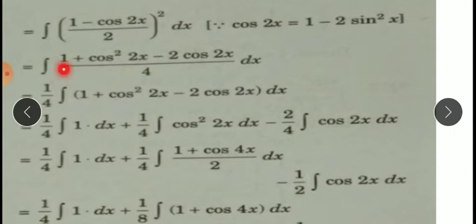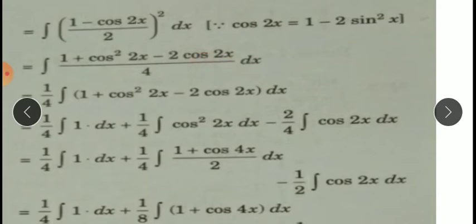But in the numerator a minus b whole square means a square plus b square minus 2ab. That is 1 square is 1, plus cos 2x whole square is cos square 2x, minus 2ab means 2 into 1 into cos 2x, that is minus 2 cos 2x.